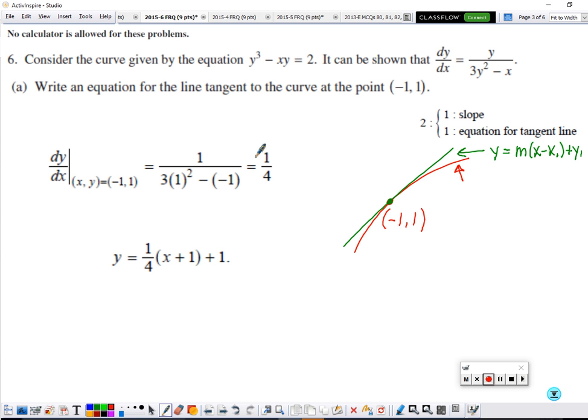So if you correctly computed the slope, they give you 1 point. If you wrote down the tangent line equation, they give you a 2nd point. Oops, just 1 more point there. Sorry, I wrote that wrong.